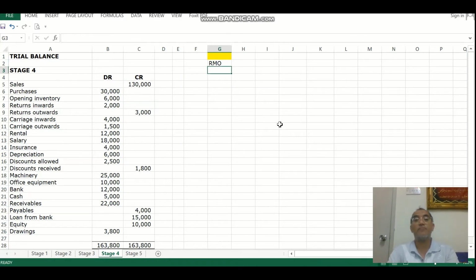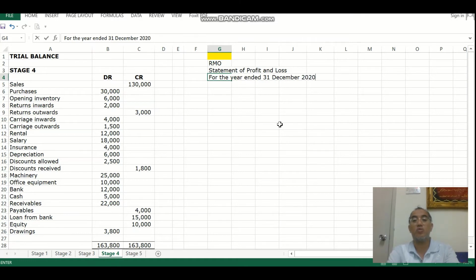This is stage 4. Statement of profit and loss for the year ended 31st December 2020.